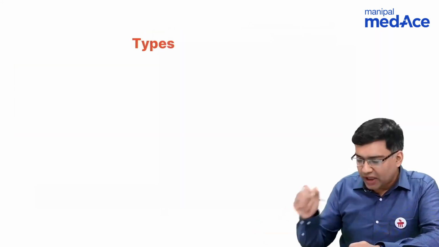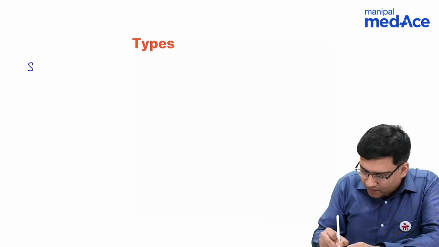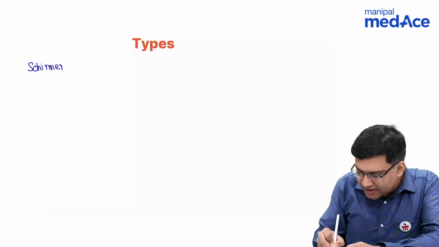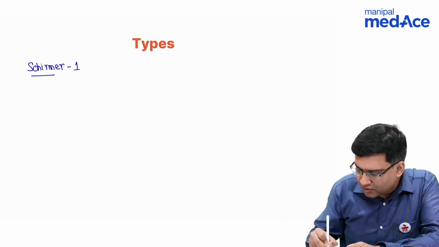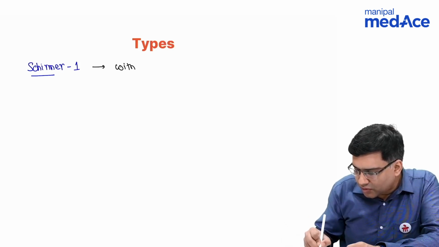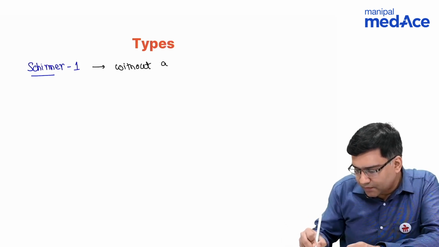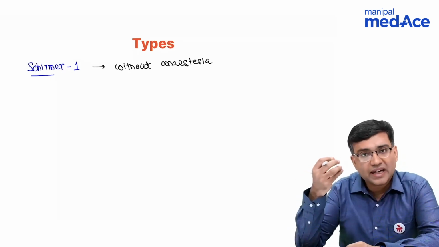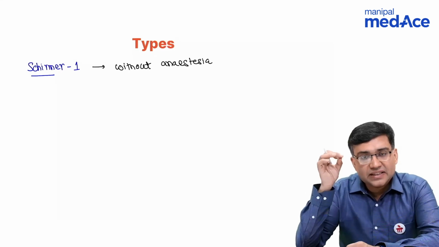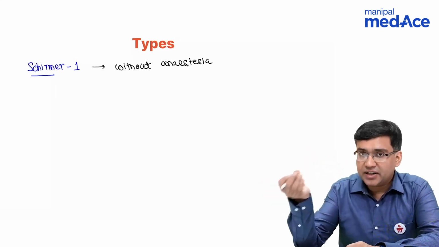Now there are two types of Schirmer's test. According to the latest classification, this is the Schirmer 1, which is done without anesthesia. As I told you when I was talking about lacrimal secretion, there is an afferent and an efferent nerve supply.